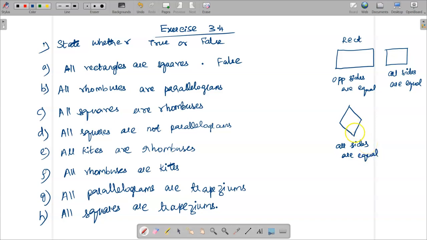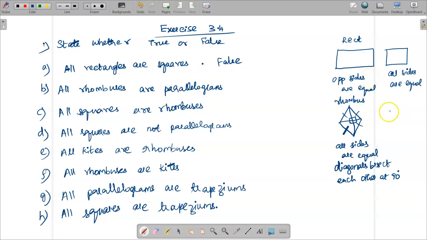And also diagonals bisect each other at 90 degrees. All sides are equal for rhombuses and diagonals bisect each other at 90 degrees. This is for the rhombus.